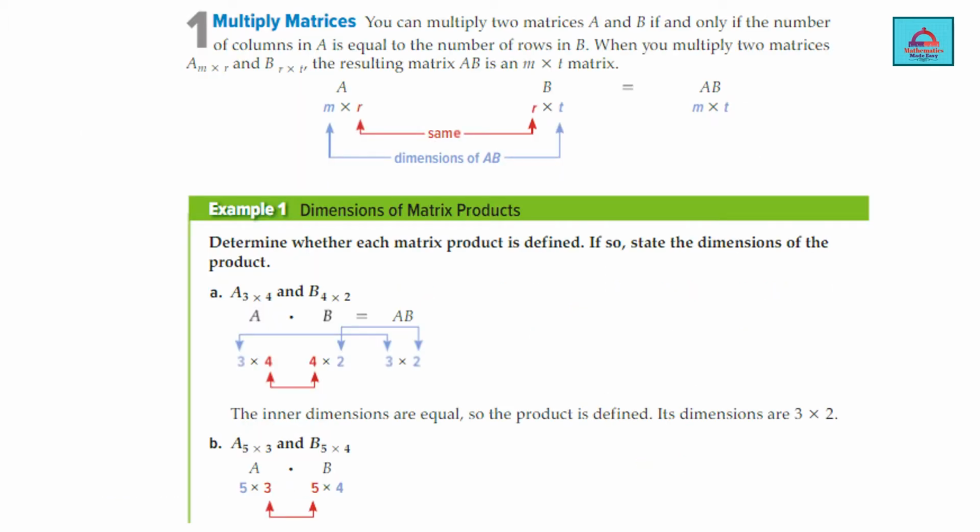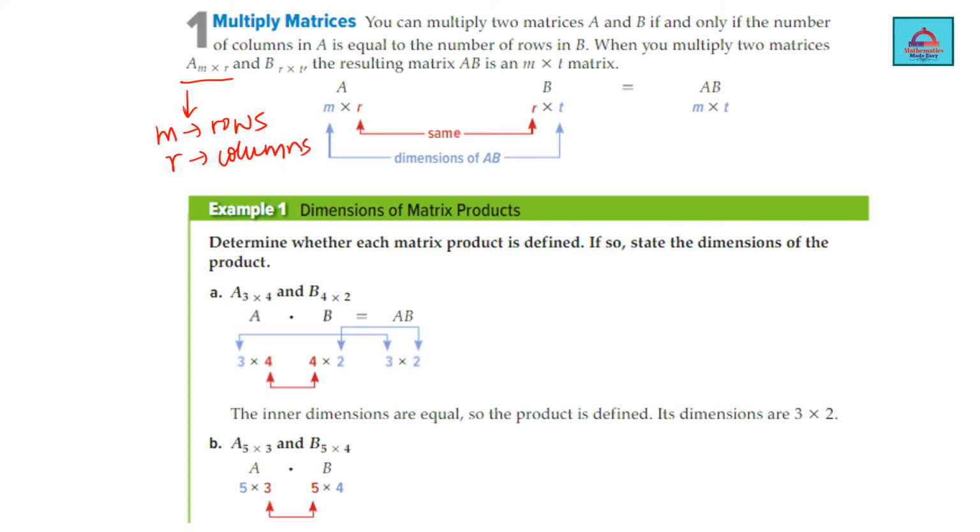Okay, so first I give you the condition that you need to check when you are trying to multiply two matrices. So if you have two matrices A and B of a particular order, let's say matrix A has order m cross n, means it has m rows and r columns.